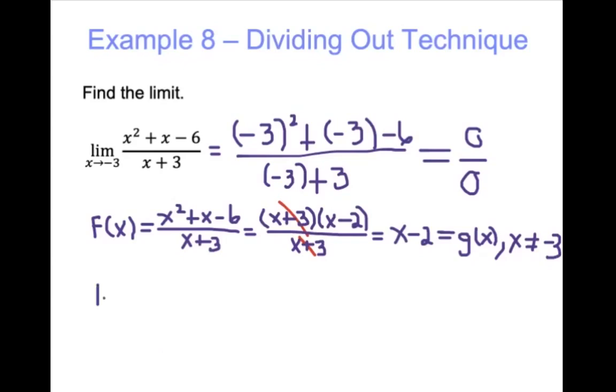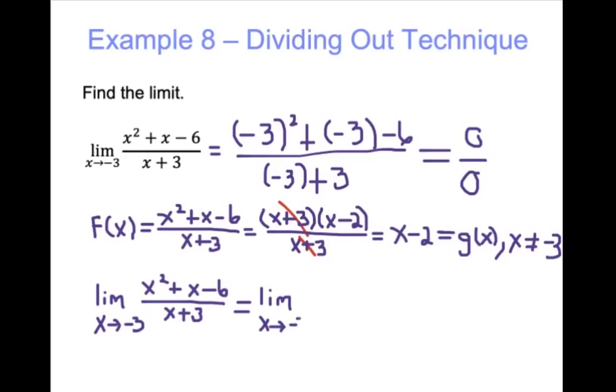So we have the limit as x approaches negative 3 of f of x, which is x squared plus x minus 6 over x plus 3, is equal to the limit as x approaches negative 3 of g of x, which is x minus 2, and that is equal to g of negative 3, which is, by direct substitution, negative 3 minus 2, which equals negative 5.